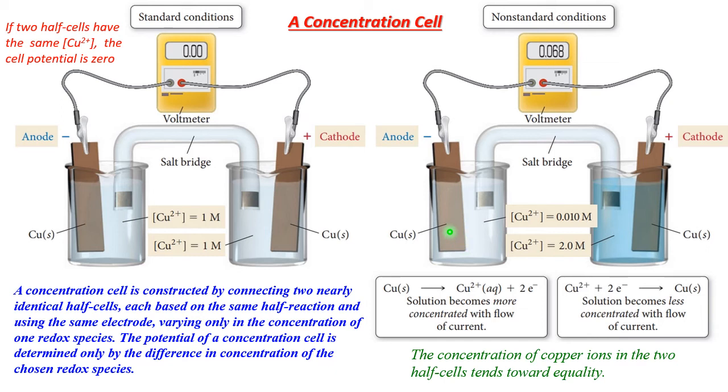Copper solid makes Cu2+ ions here, and copper ions are precipitating on the other electrode. As a result, electrons are coming from this electrode to that, and we have visible voltage. Of course, again, the system wants to have equal concentrations at the end.